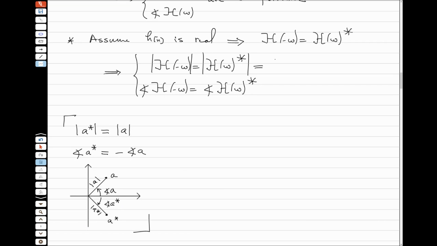So here I can say this is the magnitude of H over omega because I'm using the first equality. And here I'm using the second equality, minus the angle of H over omega. All right, so what property is satisfied by the magnitude of H over omega?